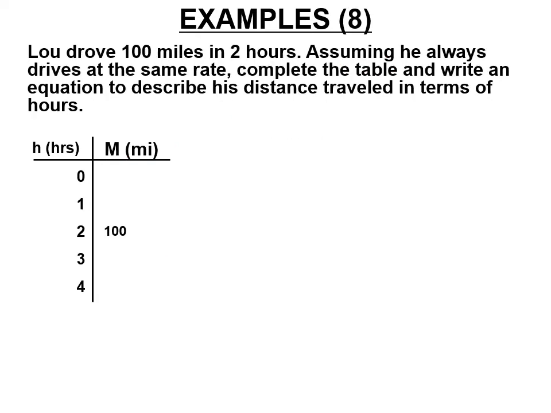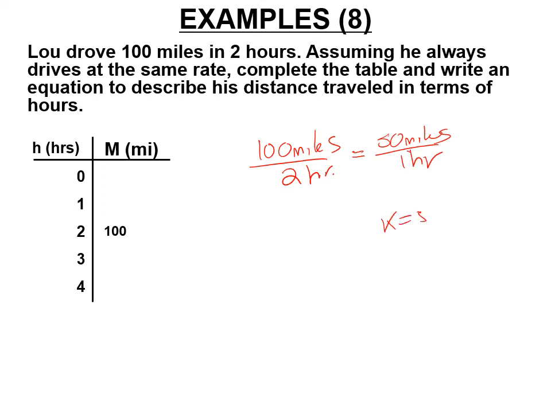Lou drove 100 miles in 2 hours. Assuming he always drives at the same rate, complete the table and write an equation to describe his distance traveled in terms of hours. So if he drives 100 miles in 2 hours, that's 50 miles per hour. That's our unit rate. So K equals 50 here.